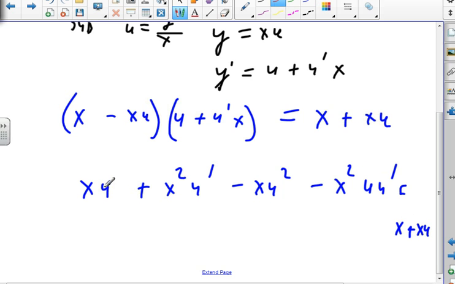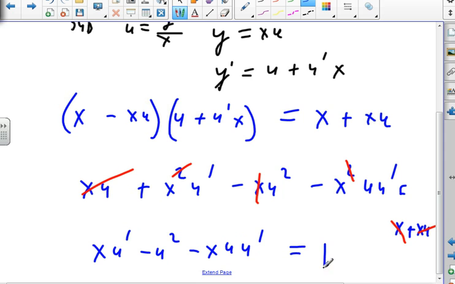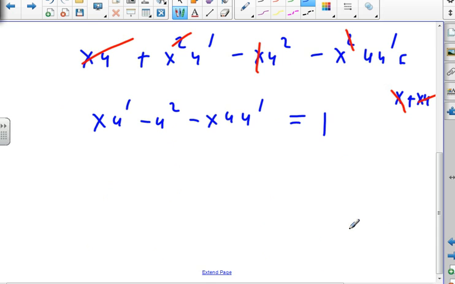All right, well, there's an x plus xu, there's an x plus xu. I see an x there, one there, one there, one there. And when I get done, I have x u prime minus u squared minus x u prime is equal to 1. And I look at it a little bit, and I say, what are we going to do about that?